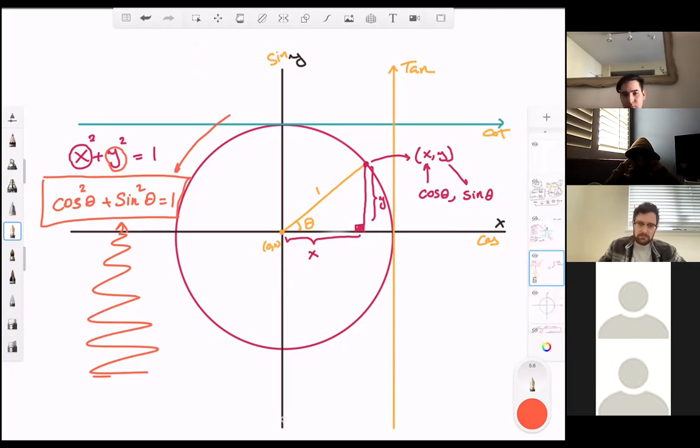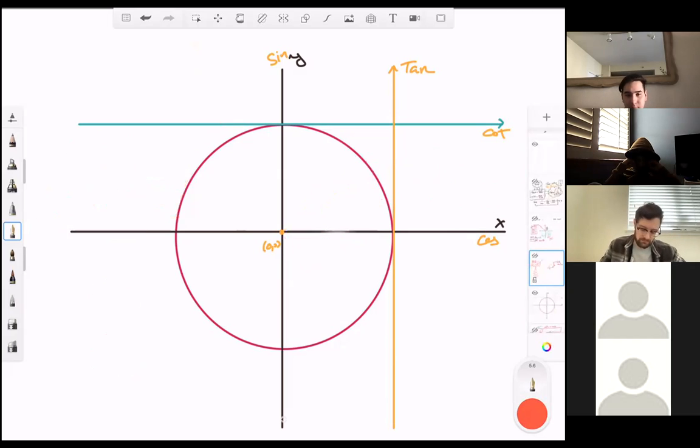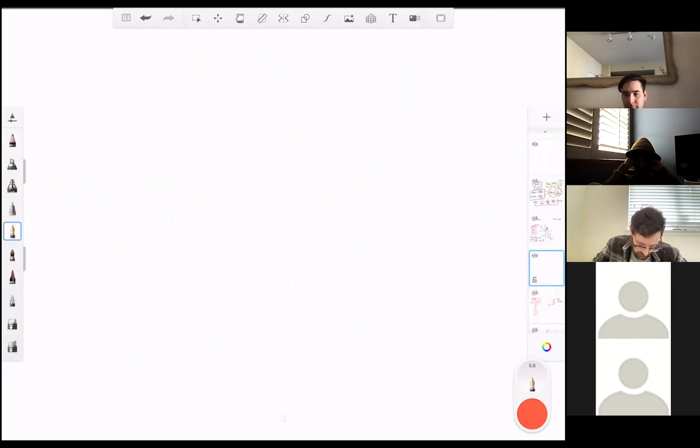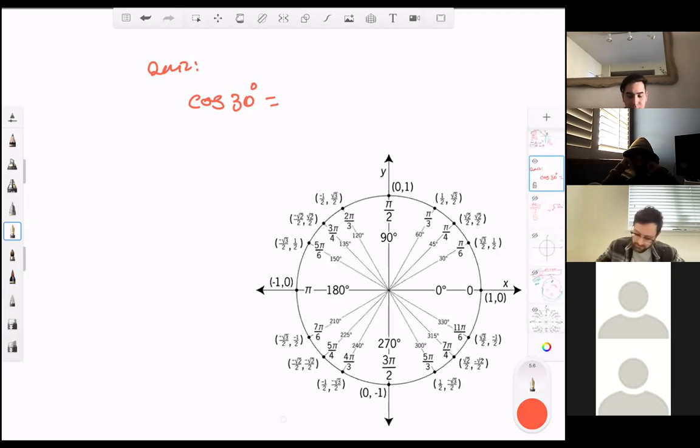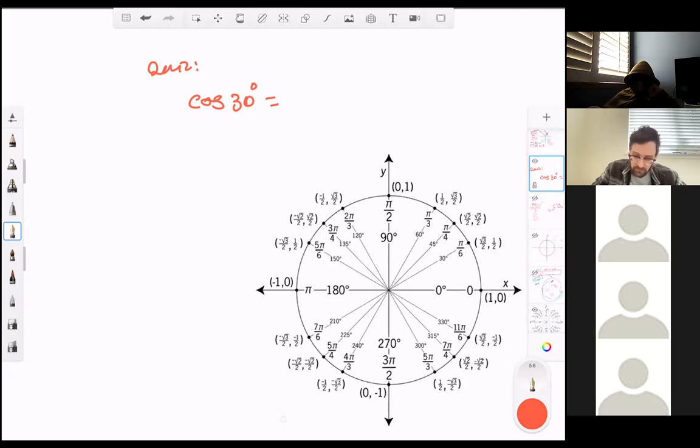Good. So now let's deal with some challenging questions. One quiz for you guys. Quiz. What is cosine of 30 degrees? Root 3/2. 30 degrees, radical 3/2. Very nice.